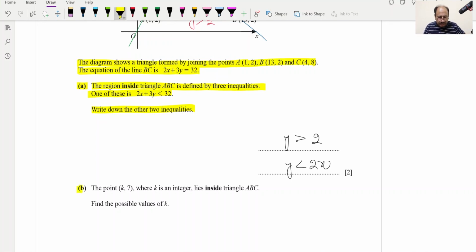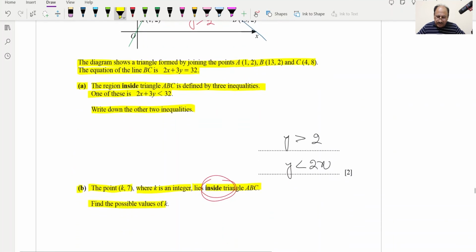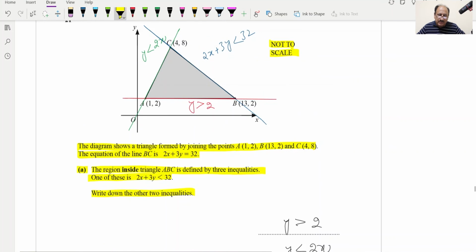Then B part, it says the point K, 7. Value of x is K, value of y is 7, where K is an integer, lies inside the triangle ABC. Find the possible values of K. We can provide any of the possible values. It should be inside, so the x value should be in between 1 and 13, which is this portion.